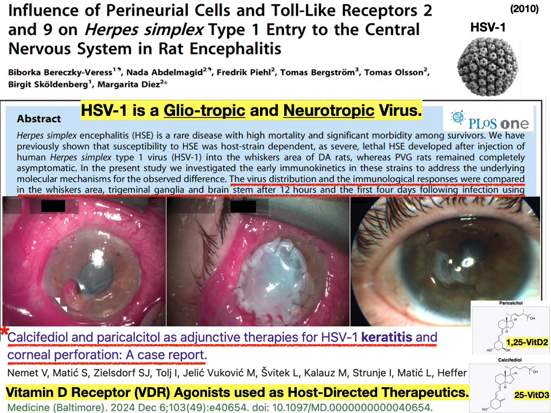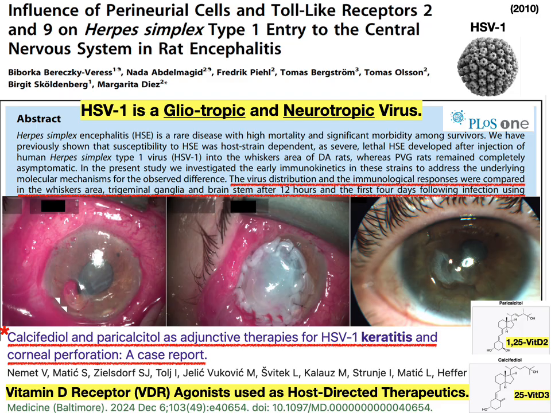I would now like to draw these concepts together and apply them to disorders such as long COVID and Alzheimer's disease. We have seen from this 2010 paper that HSV1 is a gliotropic and neurotropic virus.